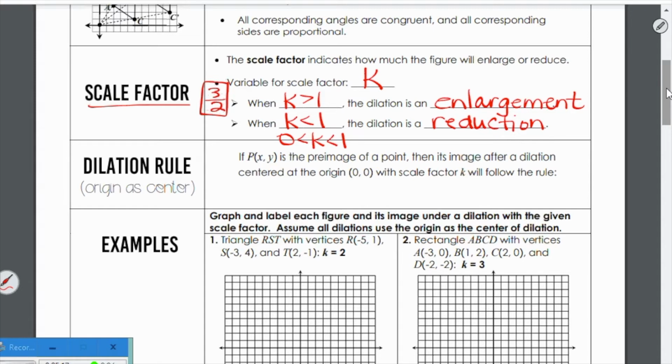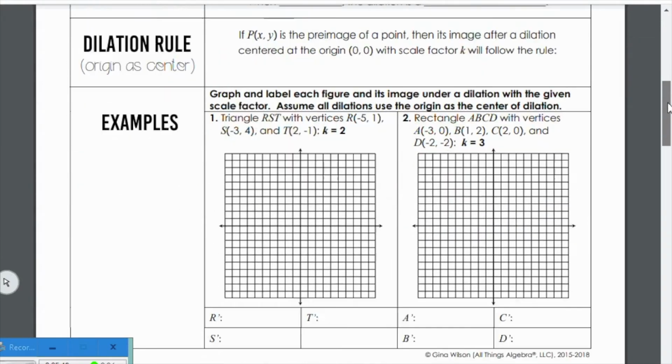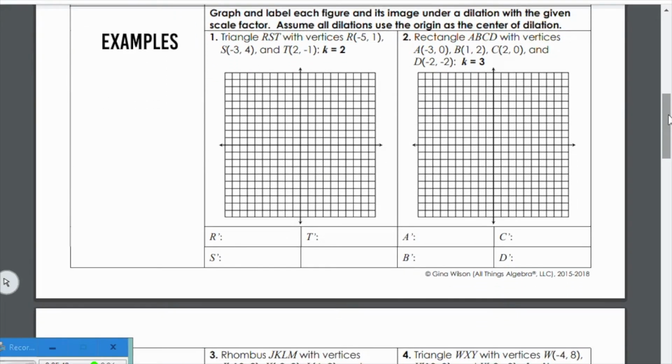So the rule for a dilation: if our point P is (x, y), our rule for P prime with a scale factor of k would just be (kx, ky). It's very, very simple. So we're going to work on that. We're going to do an example on this page first, and then we're going to move to another page where I'm going to show you some examples.